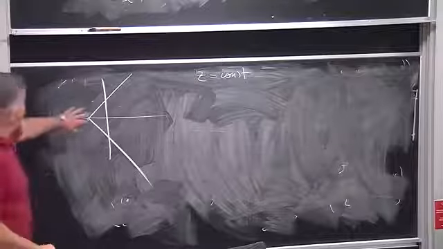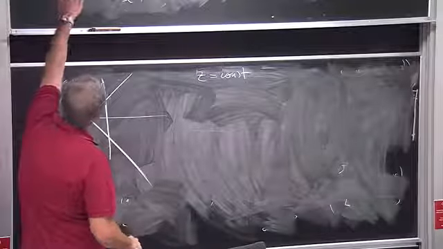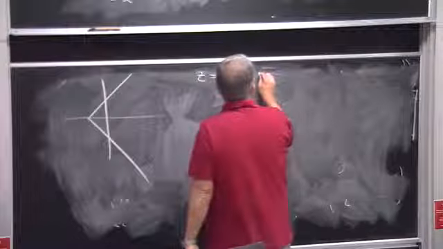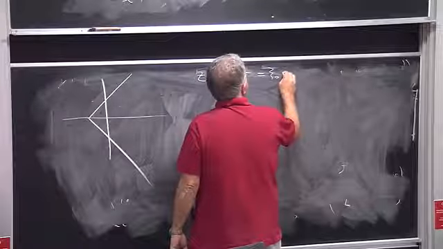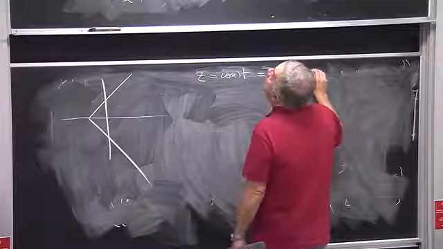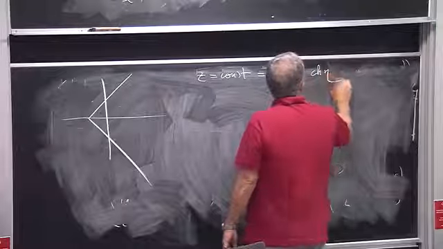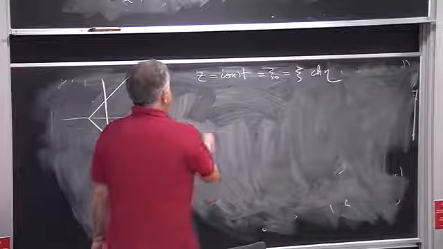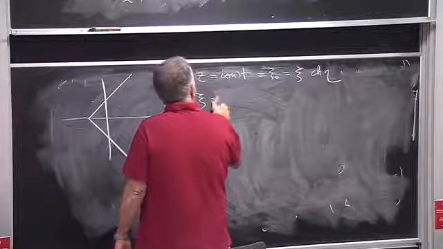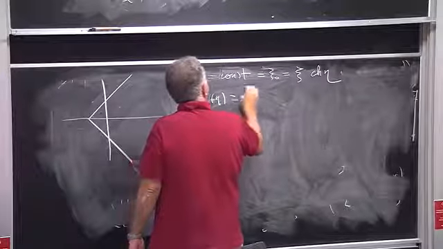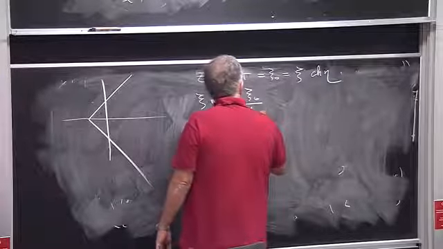If you look at it from the viewpoint of the Rindler world, this is psi. We can call psi 0 this constant. Psi cos eta. So psi of eta is a constant over cos eta.